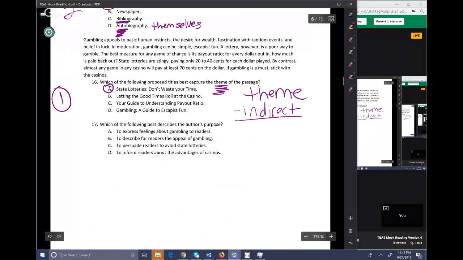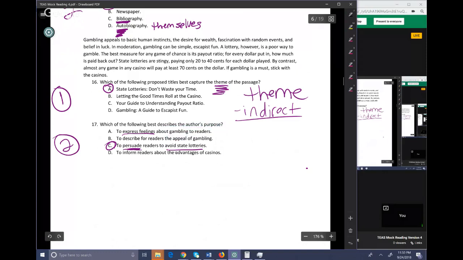And then that would make the second answer about author's purpose, to persuade readers to avoid state lotteries. Of course, that's from reading 2. It wasn't to express feelings about gambling. Two things. First of all, this wasn't someone's personal feelings. It was about actual statistics of how things work. Second of all, it wasn't about gambling in general.